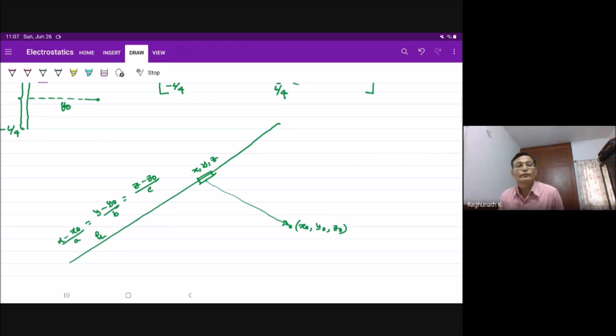Carefully listen. The mathematical procedure becomes clumsy. We know the procedure if we want to determine the electric field intensity at a point because of an infinite line charge.